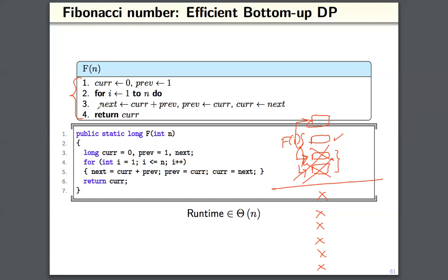You can reduce it by one dimension. To my knowledge, almost all DP problems that I have seen, you can space optimize by one dimension. Space optimized bottom-up DP.